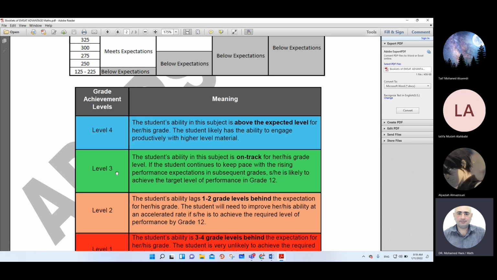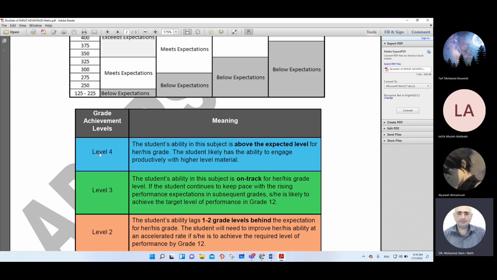Level 3: the student's ability is on track for his or her grade level. If the student continues to keep pace with the rising performance expectations in subsequent grades, he or she is likely to achieve the target level of performance in grade 12.